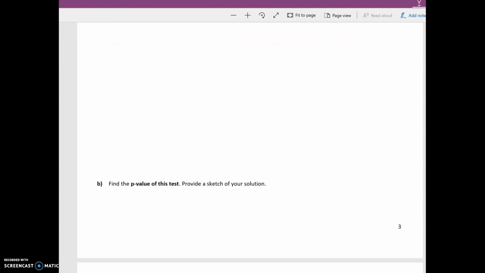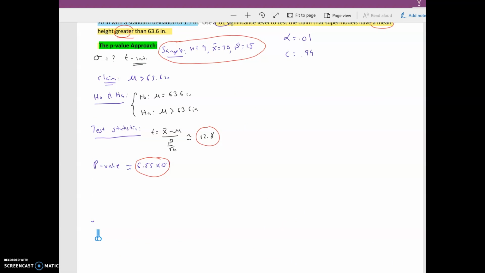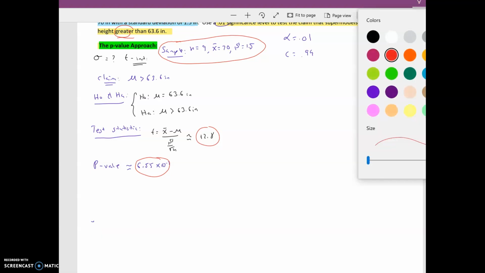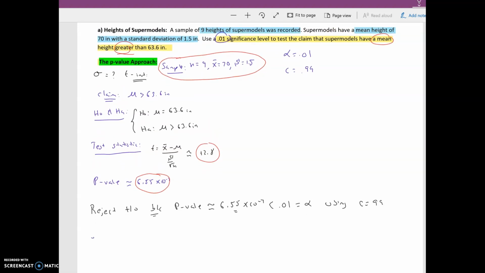So for this actual problem, the moment that you identify the p-value, you can actually come up to the conclusion of, and let me write it out, well, reject H0, and this is because the p-value is approximately 6.55 times 10 to the negative 7, which is technically less than 0.01, which is equal to the values of alpha, using C equal to 0.99.